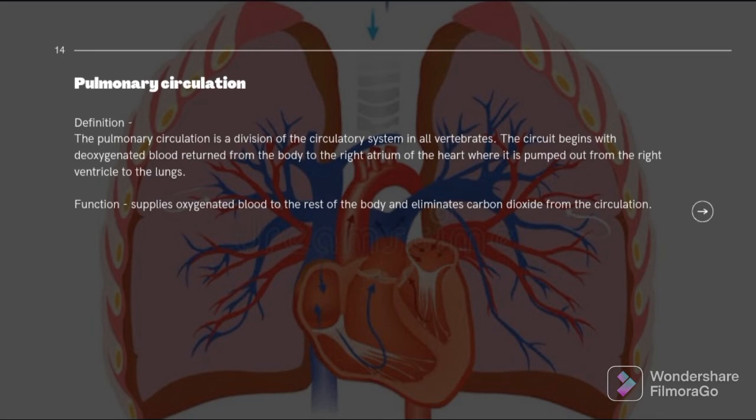But one thing to distinguish here is that the pulmonary arteries, in this case, are actually carrying the deoxygenated blood all the way to the lungs for gas exchange. And the pulmonary veins are now the ones carrying the oxygenated blood back to the left side of our heart.